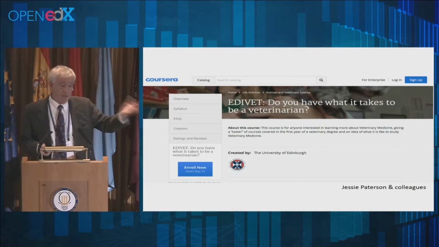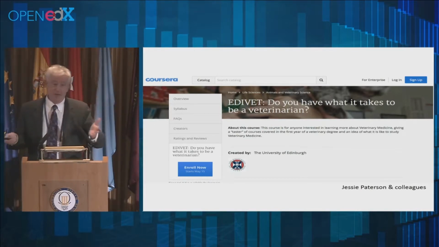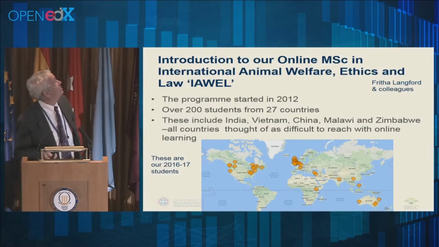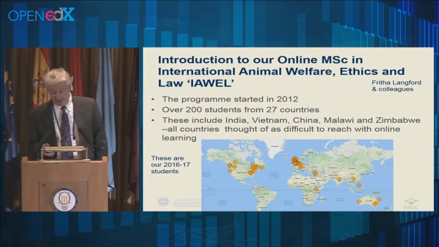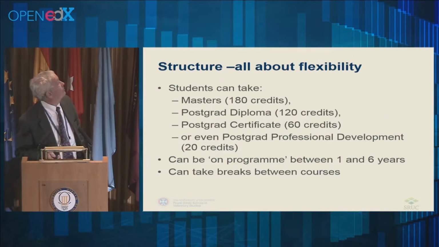And of course, if you take the MOOC, then what are we expecting you to do? We're expecting you to take the online masters in some aspect of veterinary science. And that has generated various ones. Recently, we have a very nice online MSc all around the world in animal welfare.